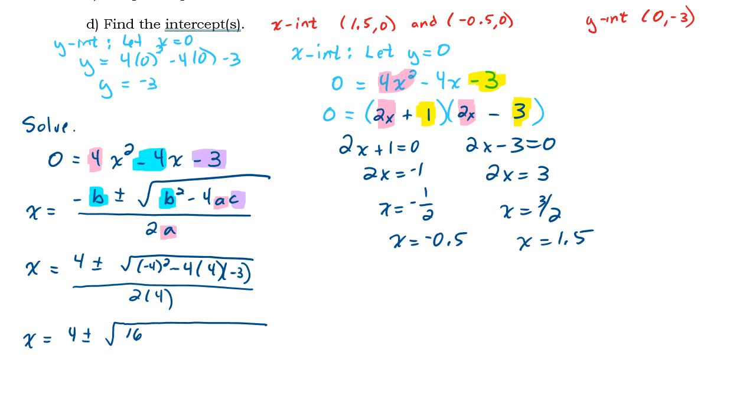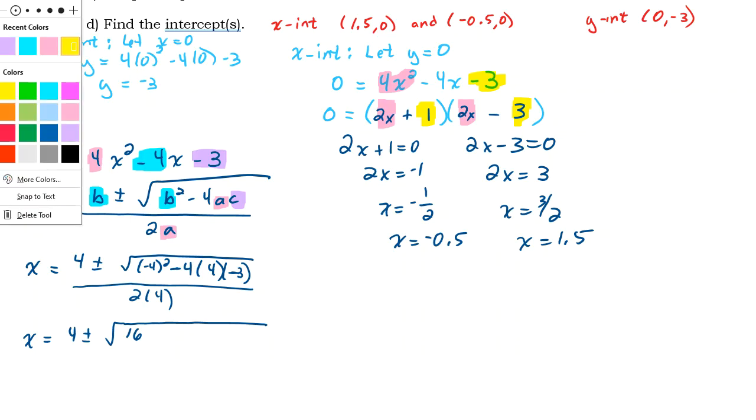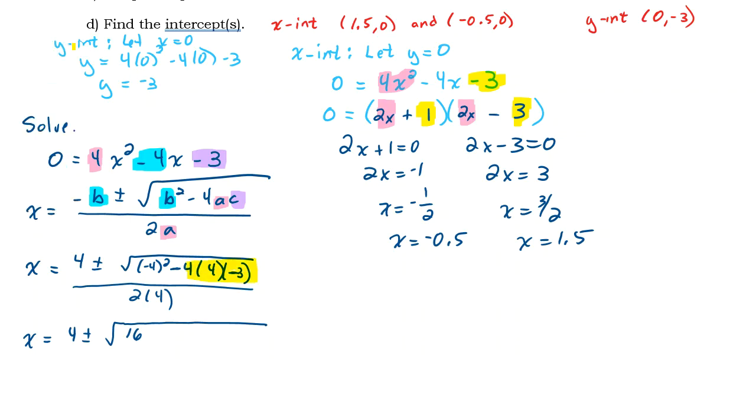Now I have to be careful here because I have a minus and then another negative here. So this product is going to end up being negative. This product of these three things is -48. So I'm minusing -48, which is going to be a +48 over 8.